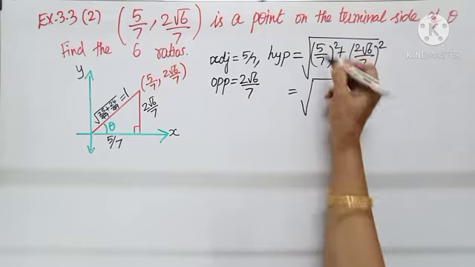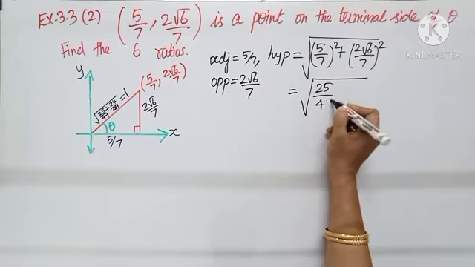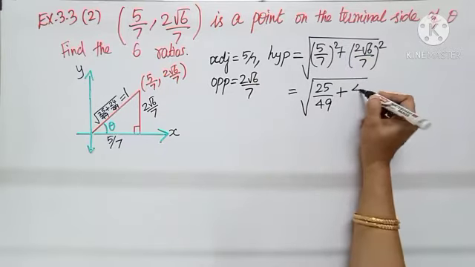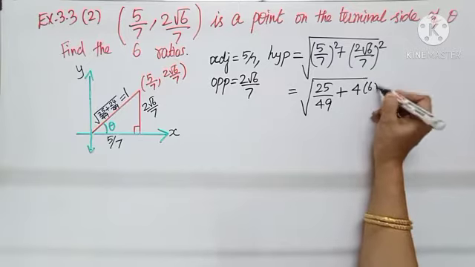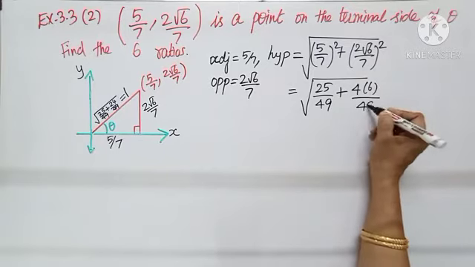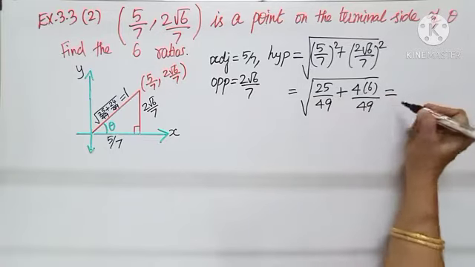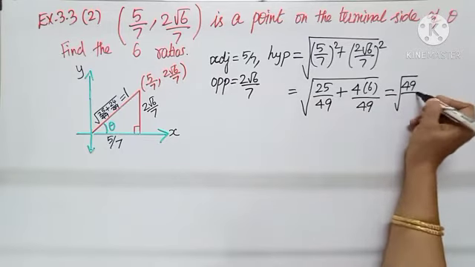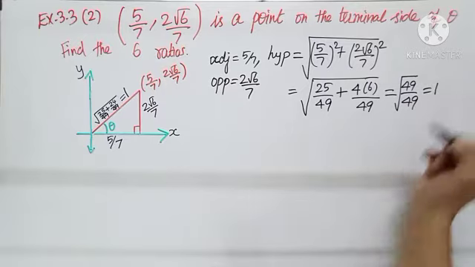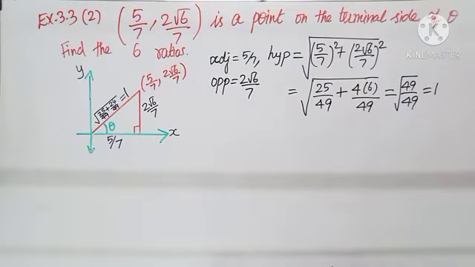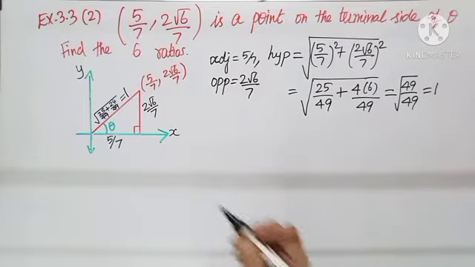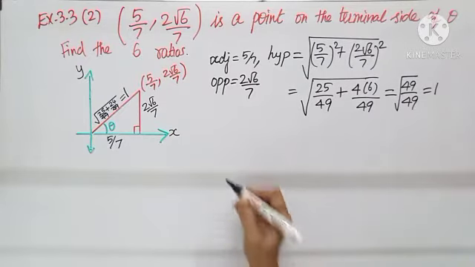That is root of 25/49 plus 4 times 6, which is 24, over 7 square, 49. If I simplify, it is 24 plus 25, I get 49/49, that reduces to 1. Once I know the hypotenuse, writing the 6 ratios is a simple idea.